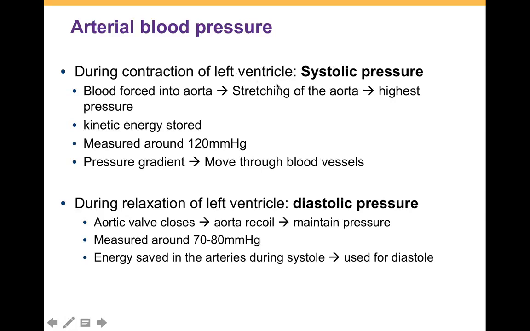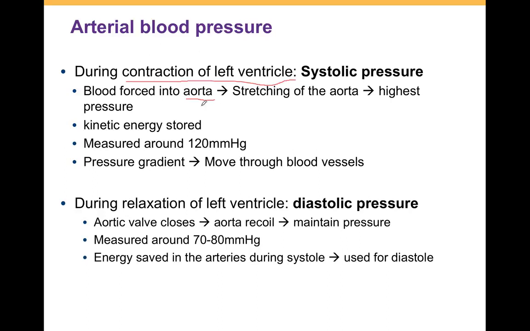Now, the keyword here is contraction of the left ventricle. It's going to create a significant pressure on which blood vessel? Aorta, which is the largest elastic artery we have in our body, and it starts from the left ventricle.